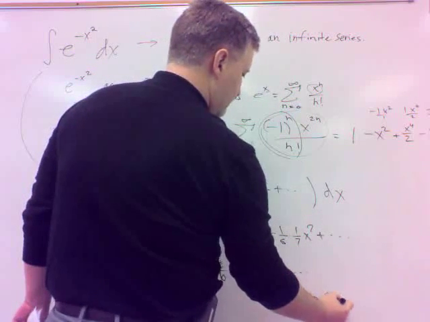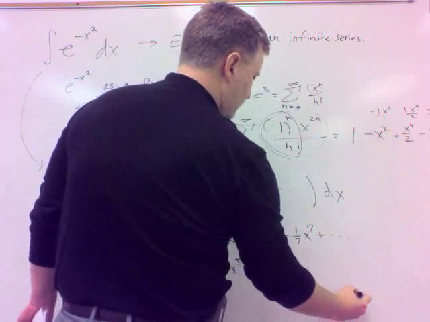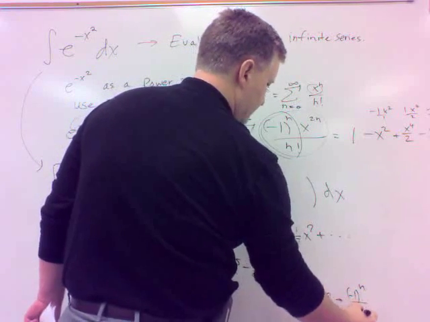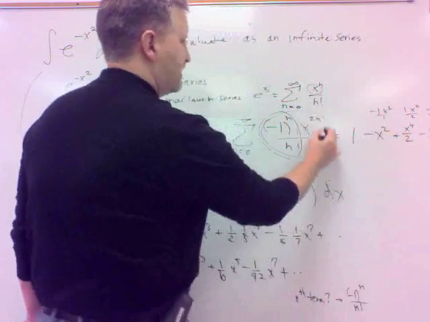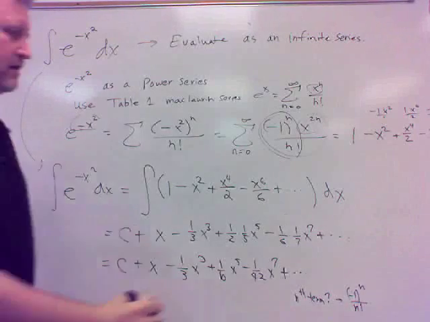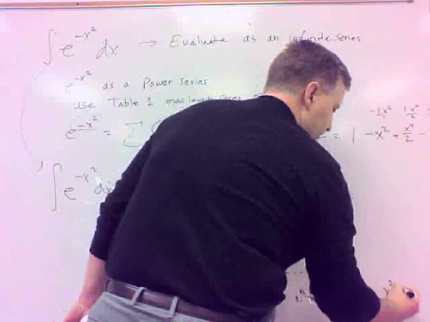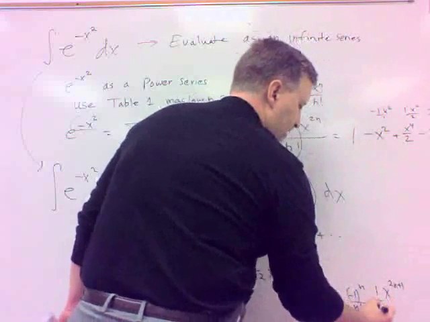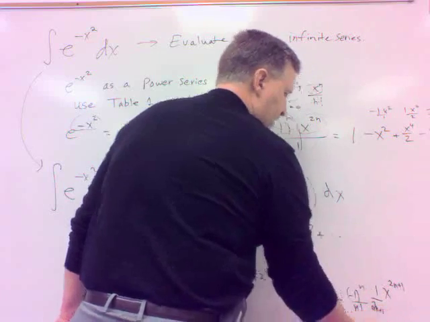And so my nth term would be negative 1 to the n over n factorial, times the antiderivative of that. Well, you're going to add 1 to that, and then divide by the 2n plus 1 new power.